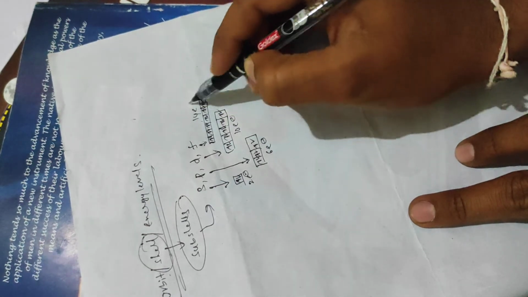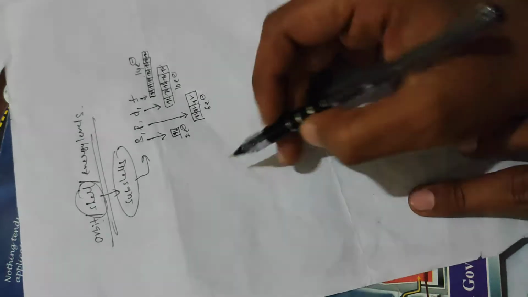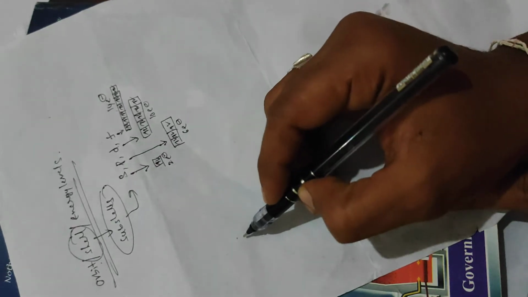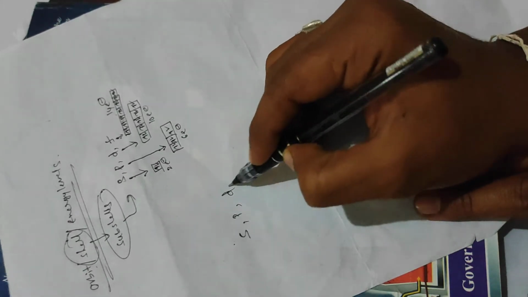Each orbital accommodates a maximum of 2 electrons. So here there is no need of these rules and regulations, just remember that we have orbitals s, p, d, f.